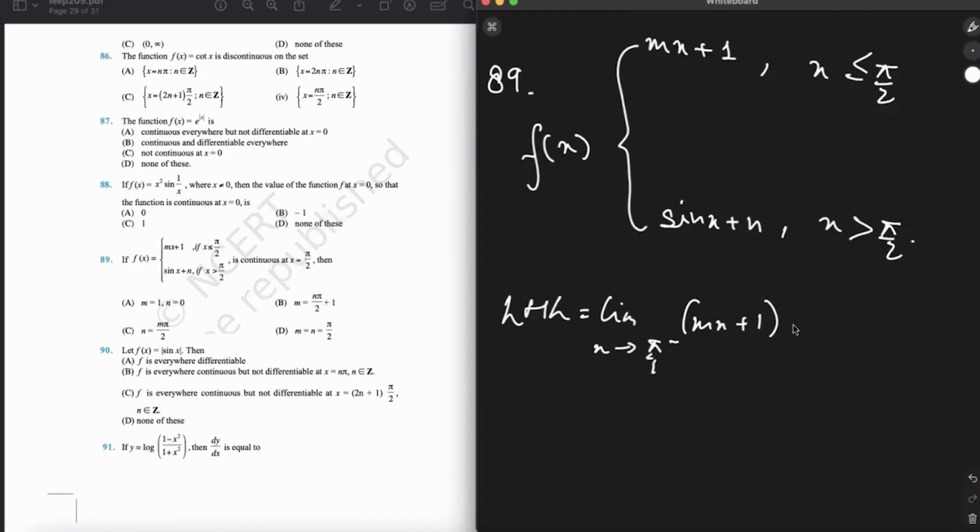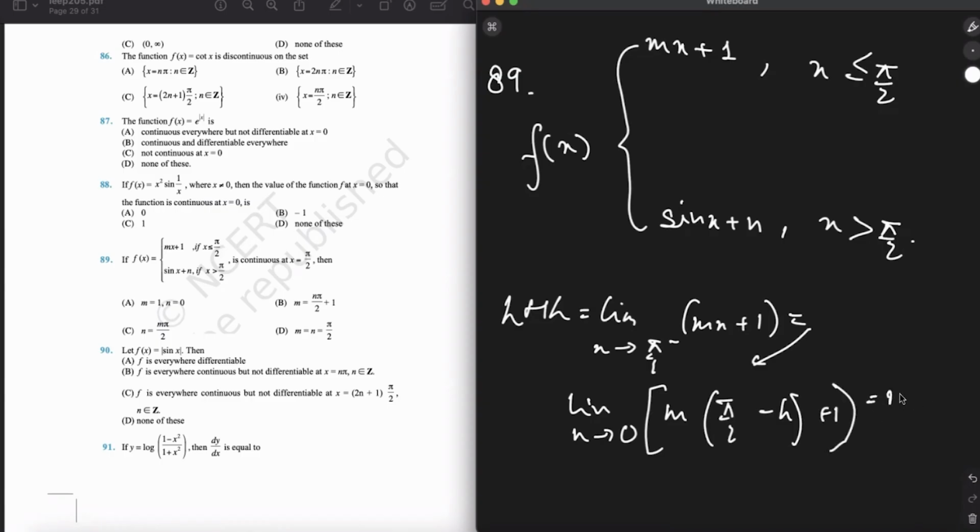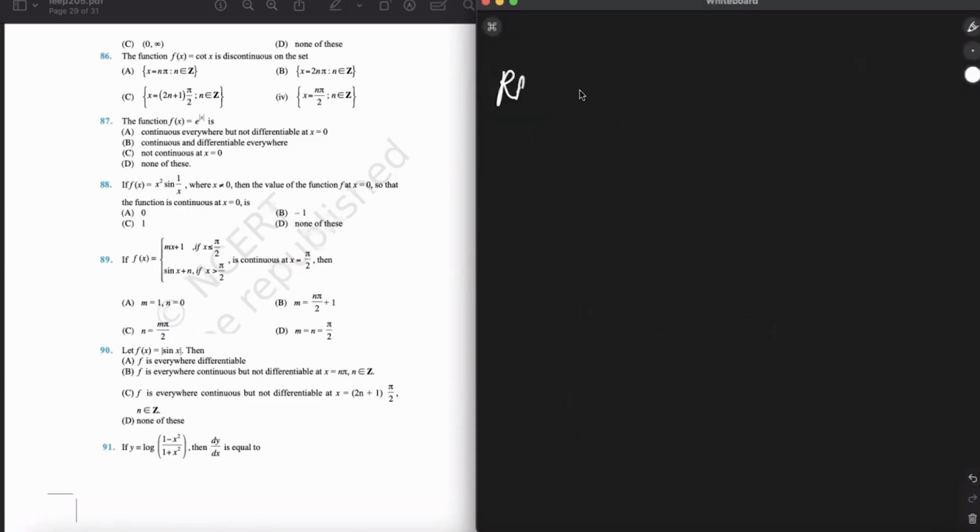So if you write it here, limit h tends to 0 of m(pi by 2 minus h) plus 1. So I can write it as m pi by 2 plus 1. Simple enough. Now for the right hand limit, x tending to pi by 2 positive, the function that will come in place is sin x plus n.